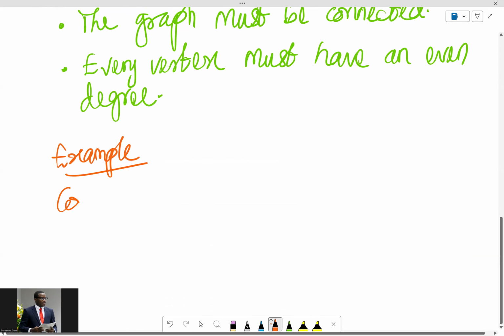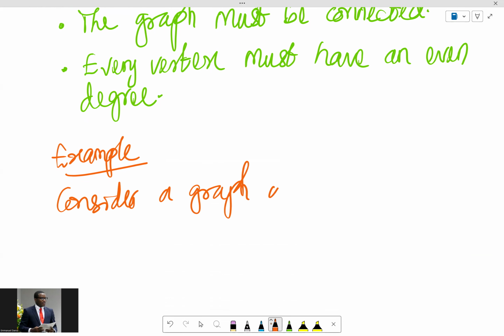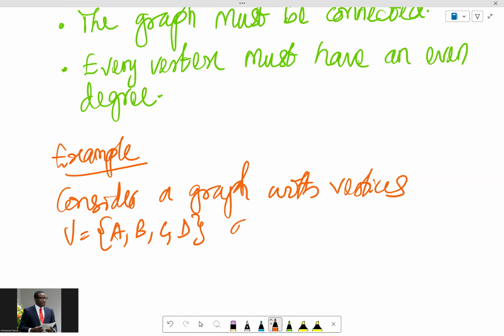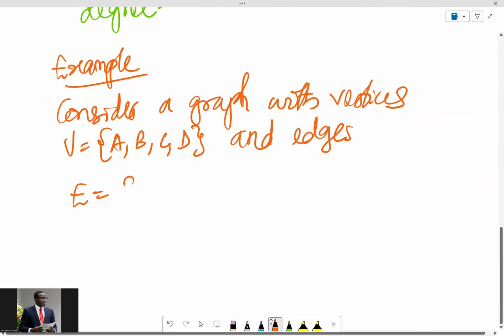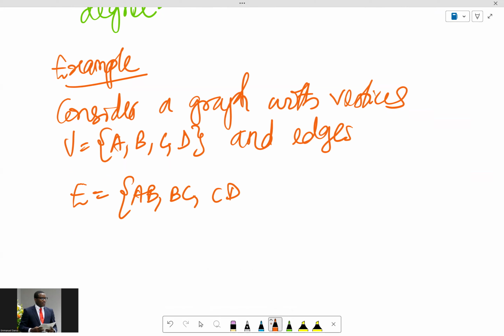Let's consider a graph with vertices V equals A, B, C, D, our usual A, B, C, D, and edges E equals AB, BC, CD, DA.